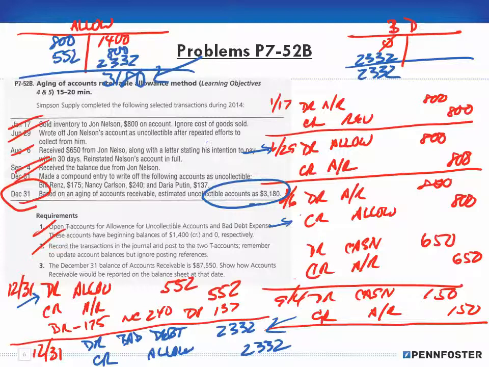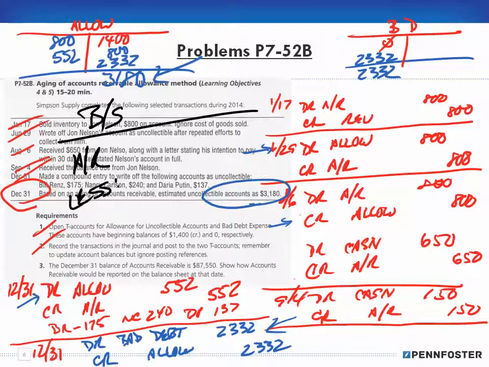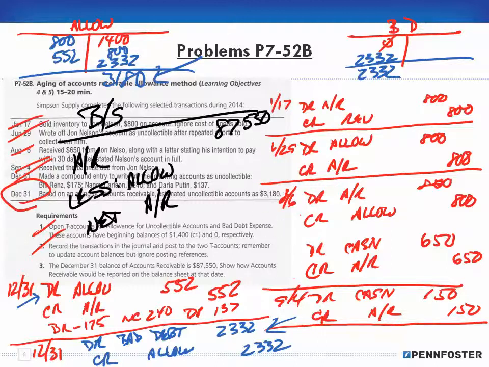All right, but anyway, so it says here December 31st, the balance of the accounts receivable is $87,550. Show how accounts receivable would be reported on the balance sheet at that date. So here's my balance sheet, and if I'm showing it, I'd have my accounts receivable less my allowance for uncollectible accounts, and then I'd have a net accounts receivable. So if I have 87,550, less my allowance, right?